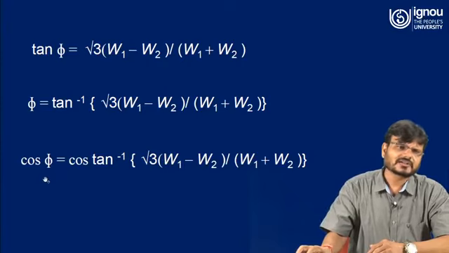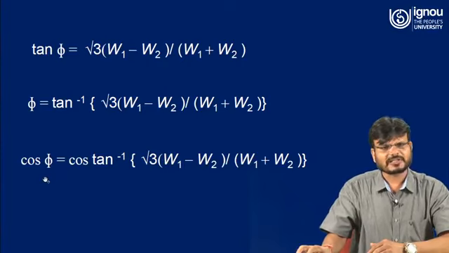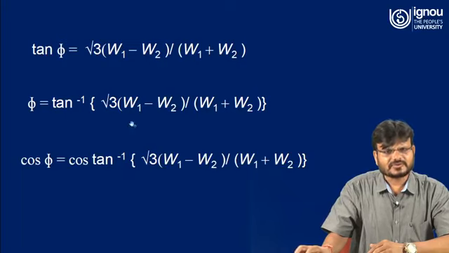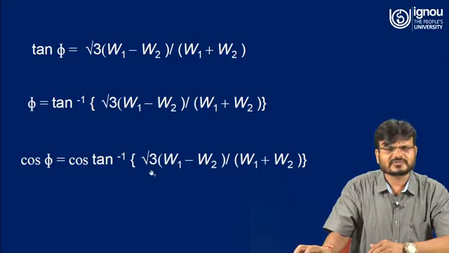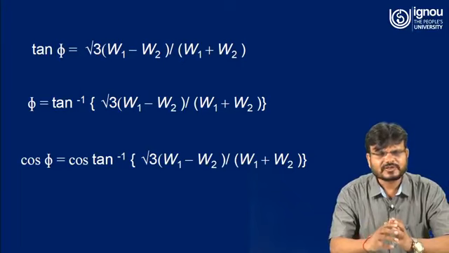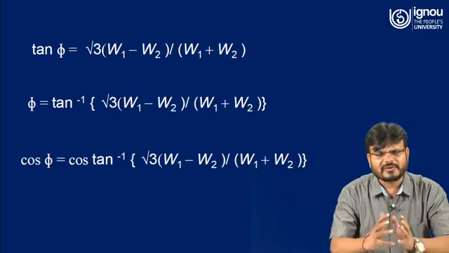So what is the power factor cos phi? Just put the value of phi in this expression. So it is cos tan inverse root 3 (W1 minus W2) upon (W1 plus W2). This formula is very useful to calculate the power factor of that particular circuit.